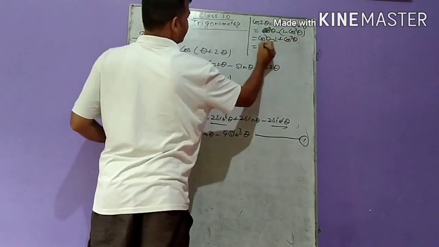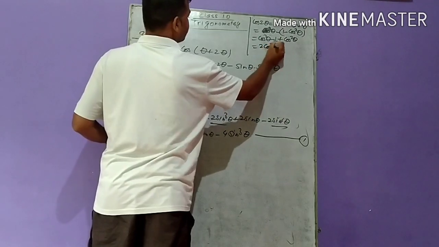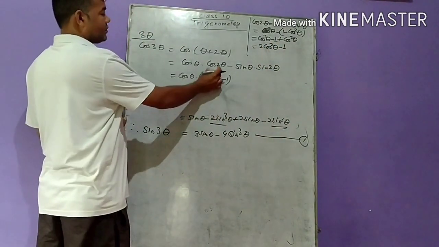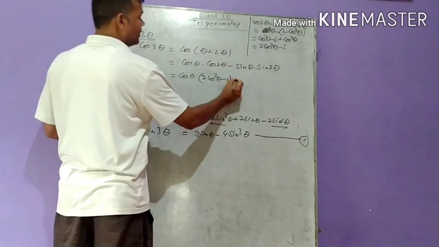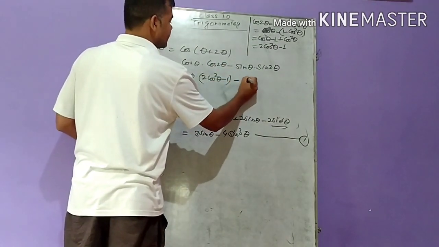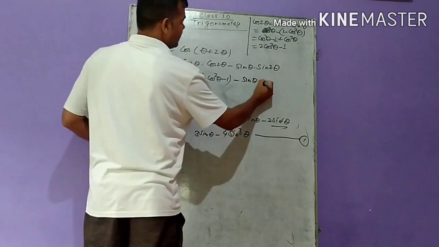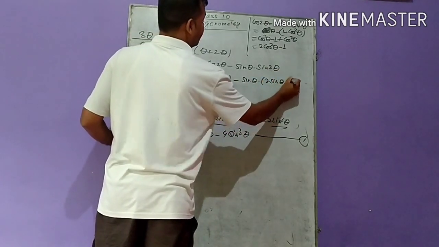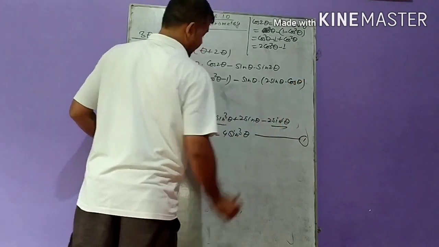And cos square plus cos square is 2 cos square theta minus 1. So here we can write cos theta into 2 cos square theta minus 1 minus sin theta into sin 2 theta, which means 2 sin theta into cos theta.